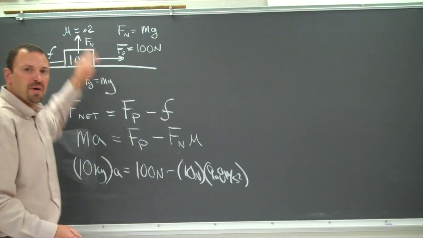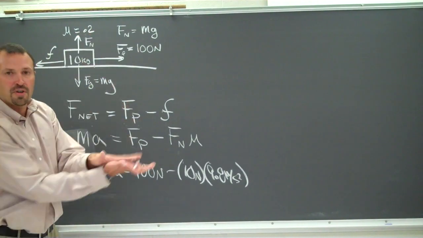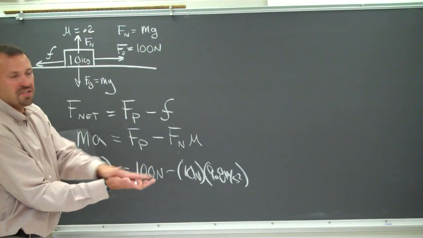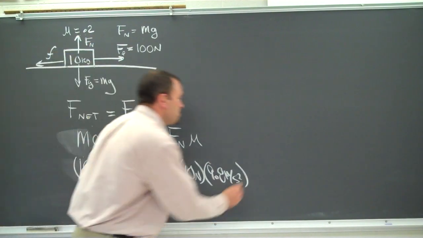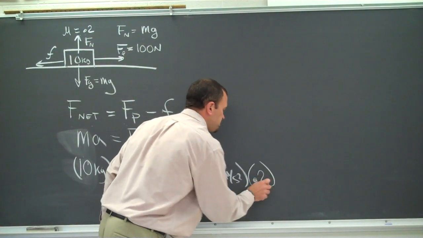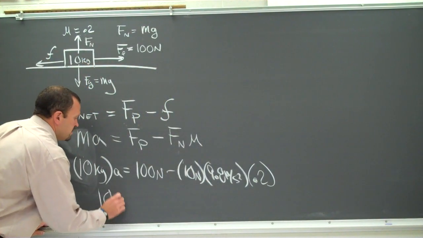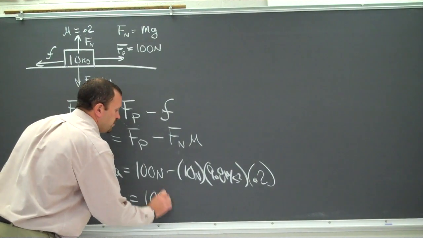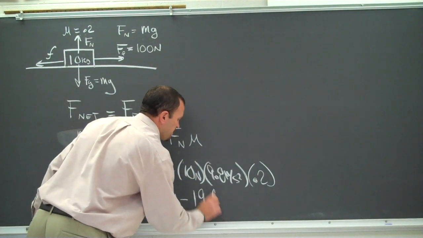Mu is determined experimentally between any two surfaces. So in this case, I have two surfaces that are rubbing together, and the slipperiness, stickiness, whatever you want to refer to it, for this one has a value of 0.2. We do that calculation, we end up with 10a equals 100 newtons minus 19.6 newtons.